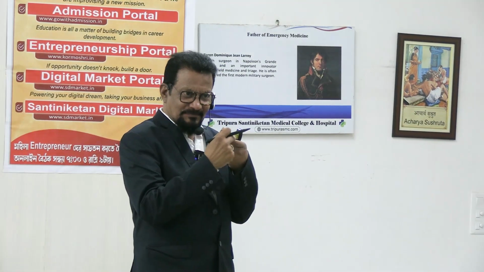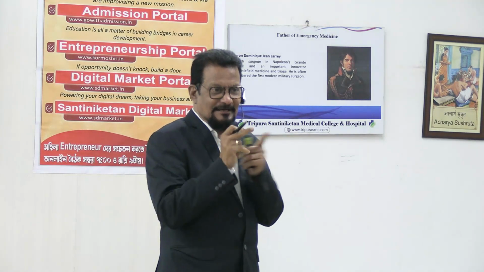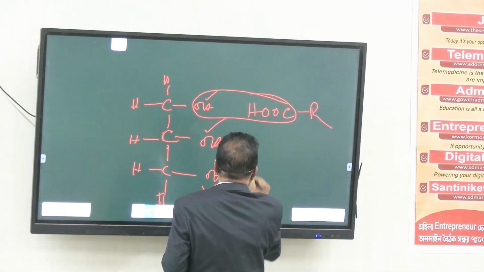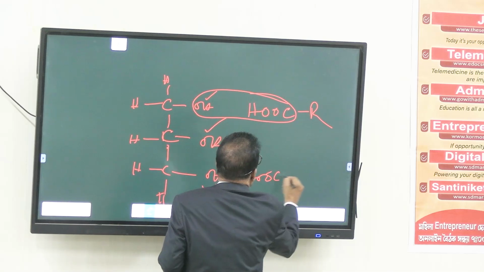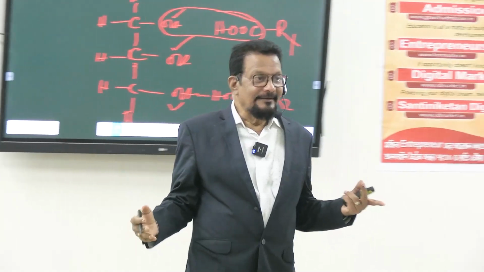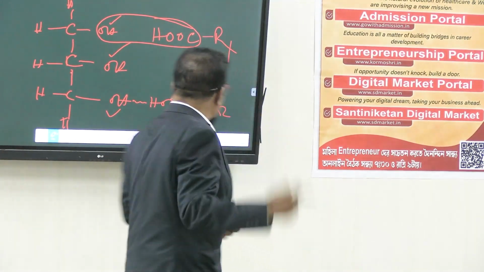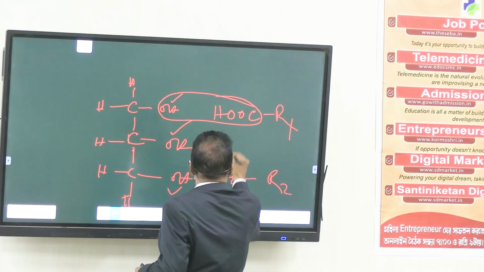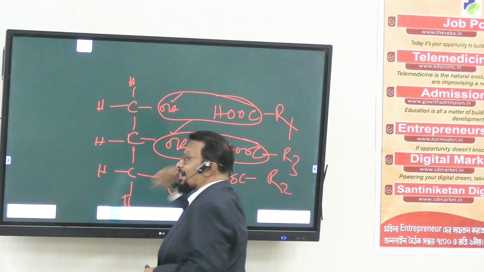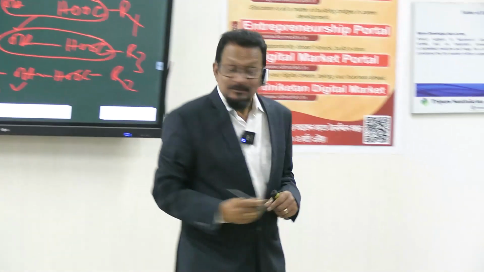So when one fatty acid molecule joins glycerol, what will be the product? Monoglyceride. Another fatty acid can also join, and it will be diglyceride. When another molecule joins, it will be triglyceride. These are fat.